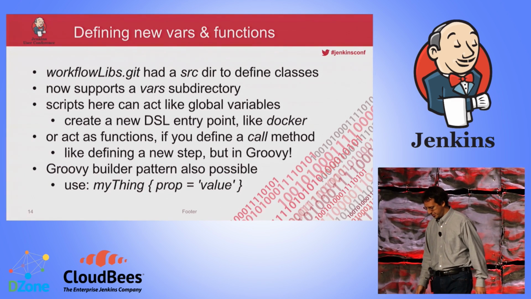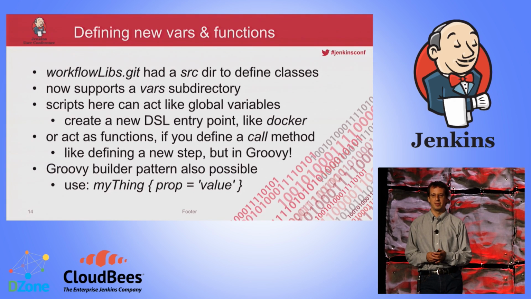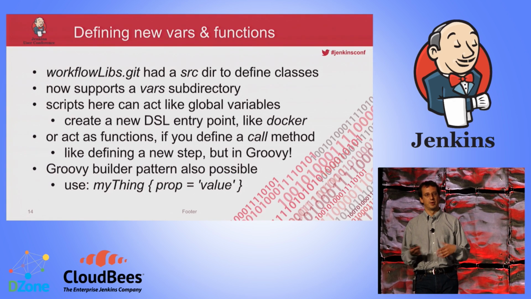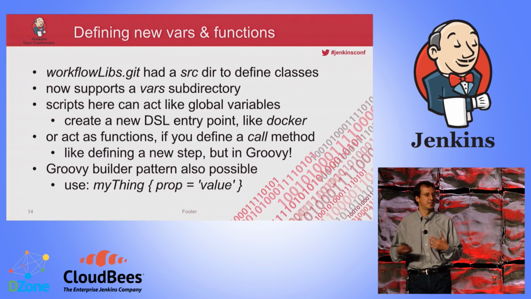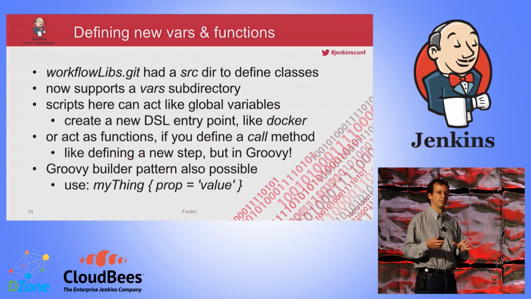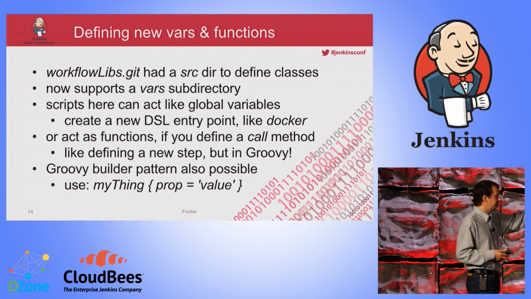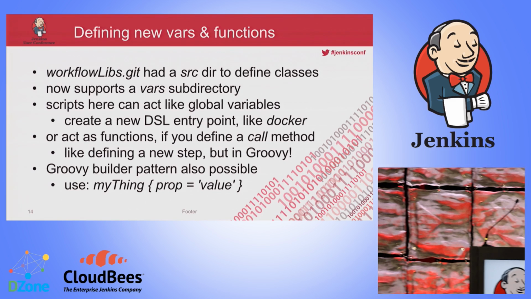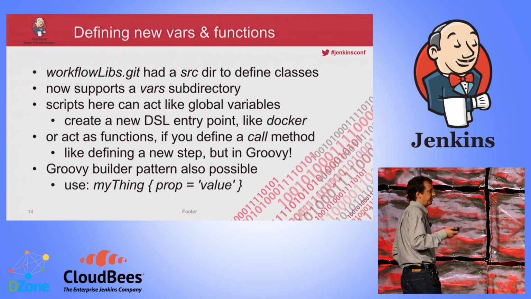So if there's a missing workflow step that you want to use, you don't want to write a plugin just for this purpose, and it's basically just a convenience around other lower level workflow steps, you can just define one file that has a call method in it, and basically you've created a new step, potentially in a few minutes.